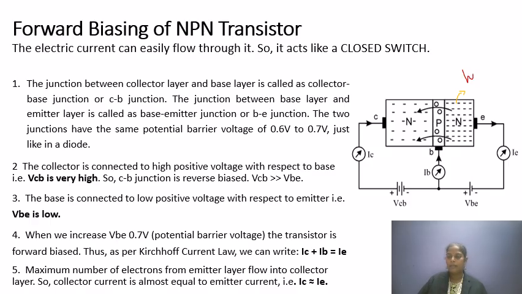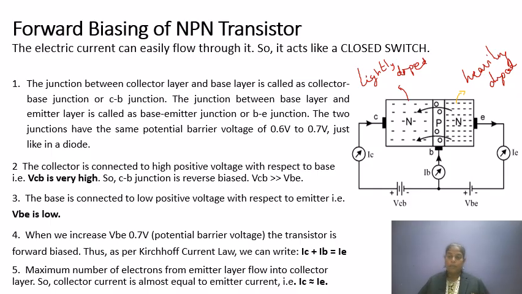And this is the collector. The collector is lightly doped. From the figure, it is clearly visible: it is lightly doped, and the emitter is heavily doped.